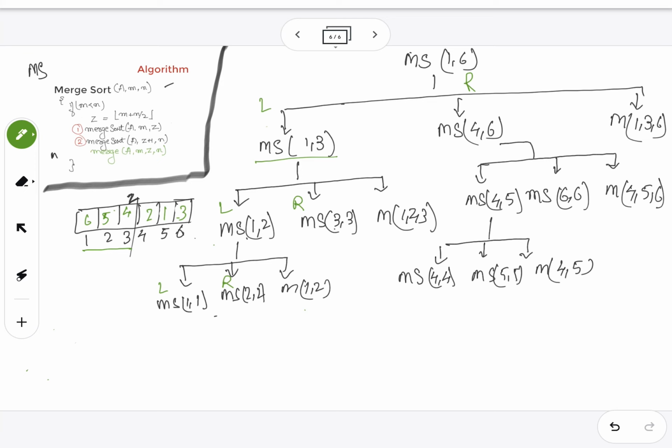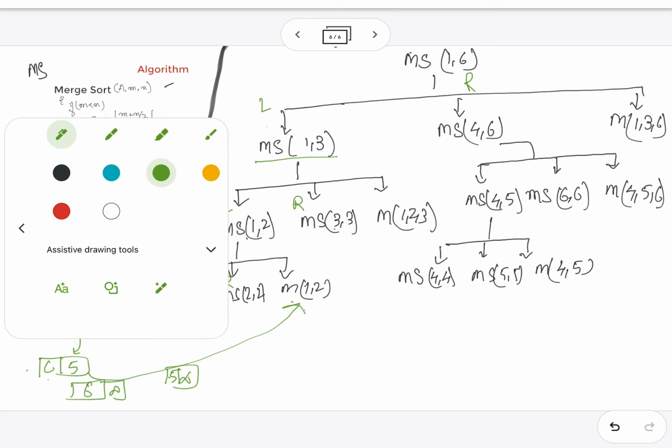So this part is 6, 5, 4. We divide it again into 6 and 5. Then we divide them down to 6 and 5 individually, so 6 individually, 5 individually, and it is given to the merge sort. The input of this 6 and 5 will go to the merge part, and it will convert them into 6 with an infinity and 5 with an infinity.